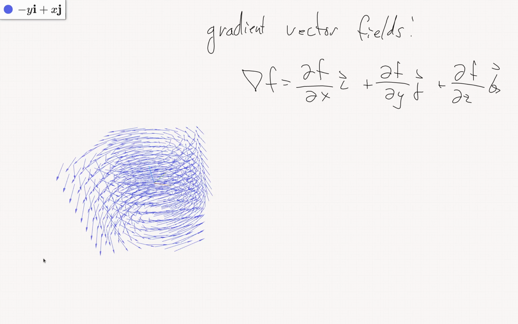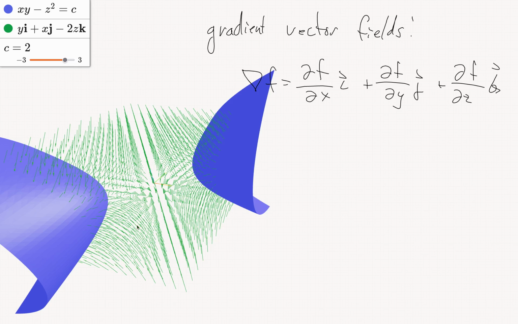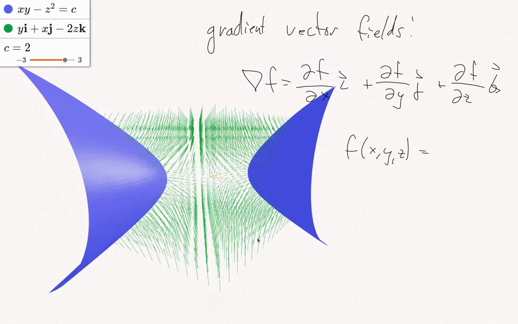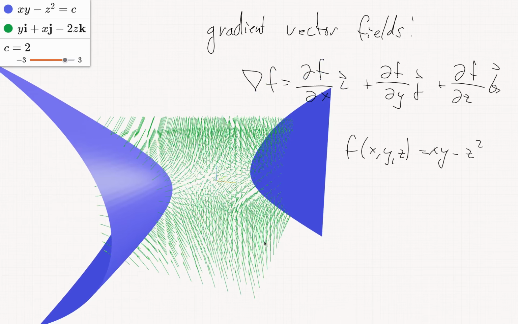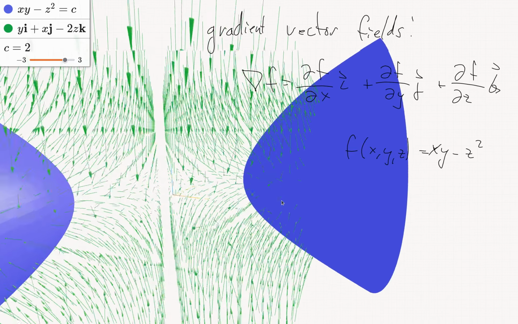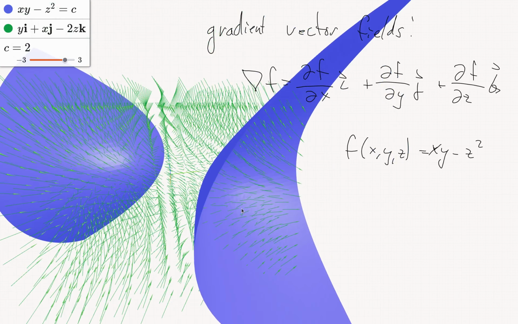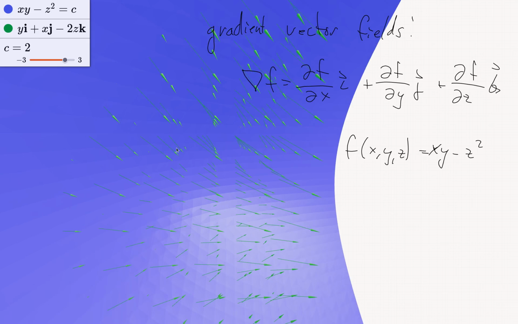This is slightly different from the differential form df that I discussed earlier, but it's not that far off, just a little bit different. So here is an example of that. f here is xy minus z squared.